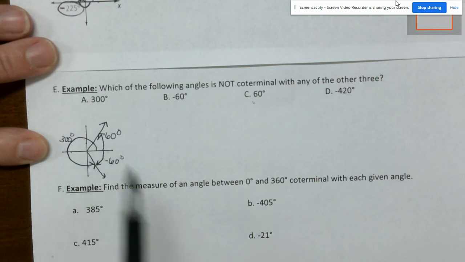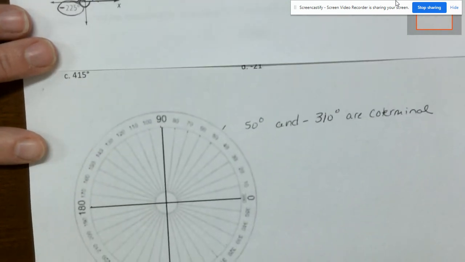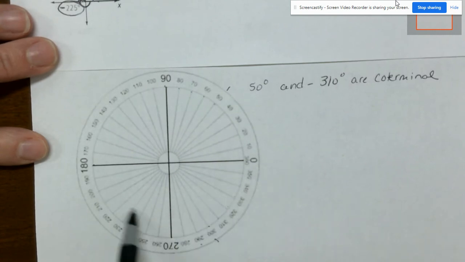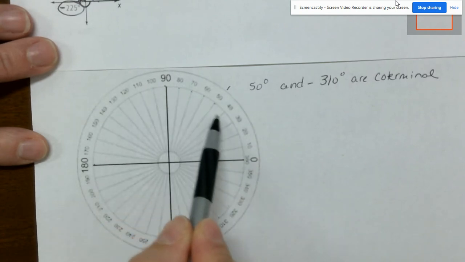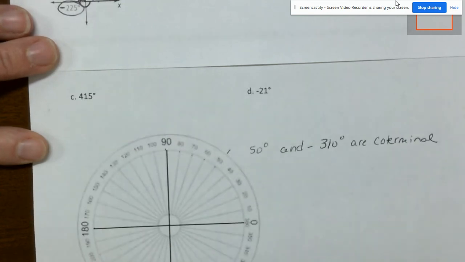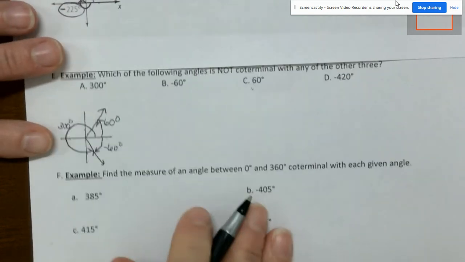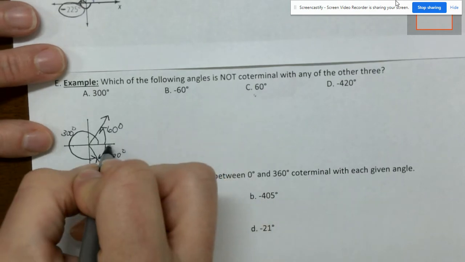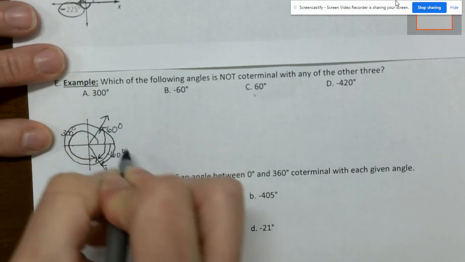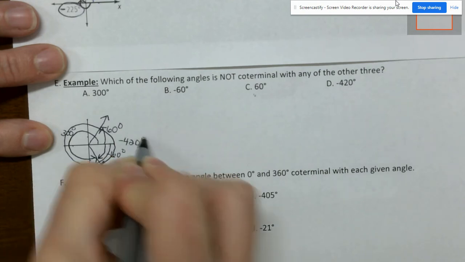So I went all the way around this way, clockwise to negative 360, and then 370, 380, 390, 400, 410, 420. And that's the line I had marked there, the 300. So that's the same thing. So what this one is doing, since it's negative, it's going all the way around and then coming back to that line. That's the negative 420 degrees.